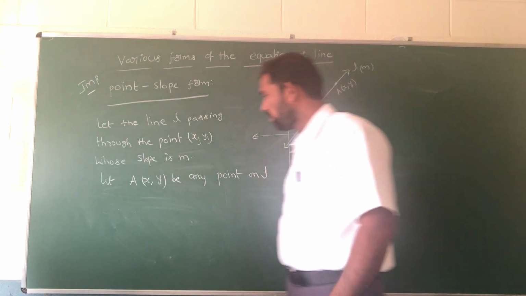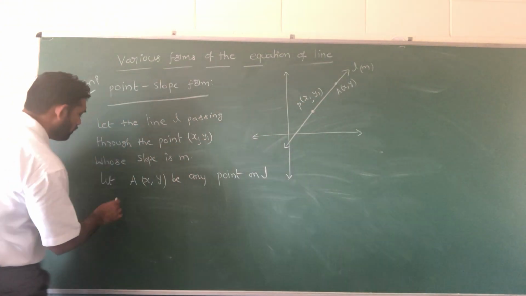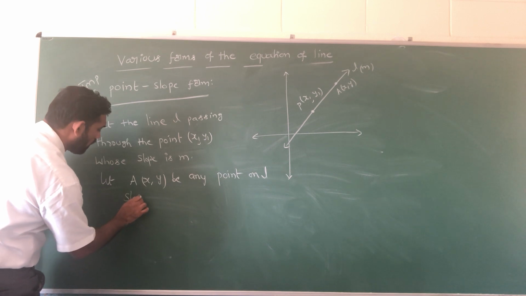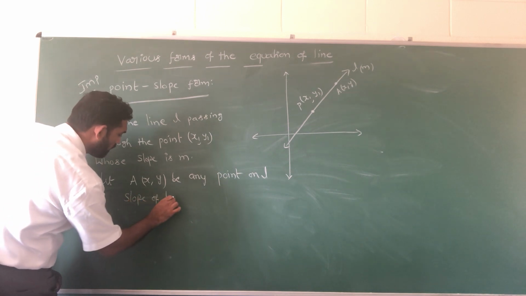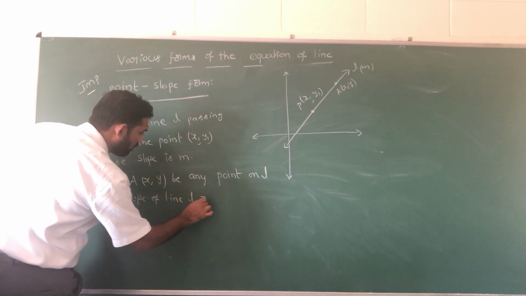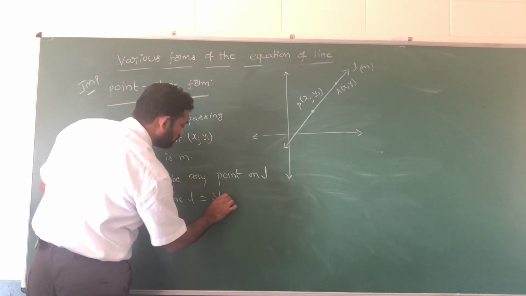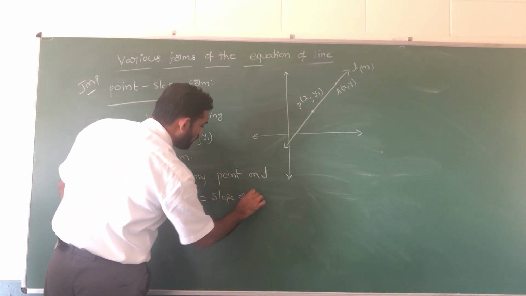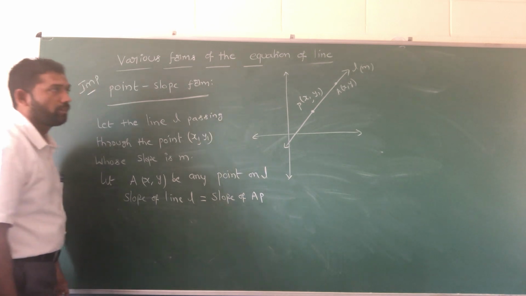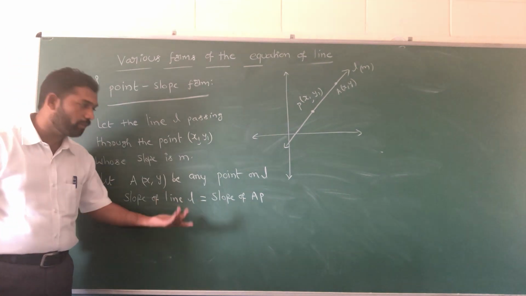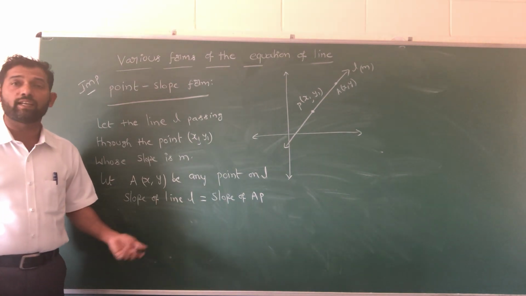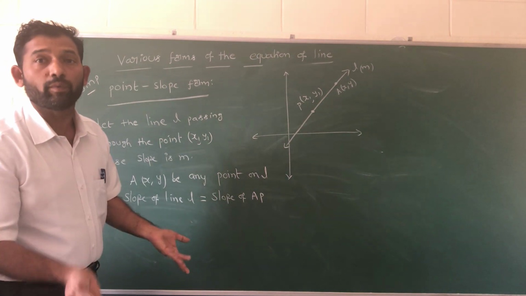So now slope of line L equals slope of AP. The slope of AP and the slope of line L, both slopes are the same. Why?